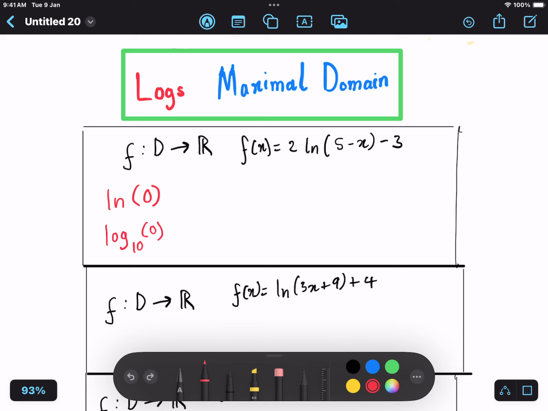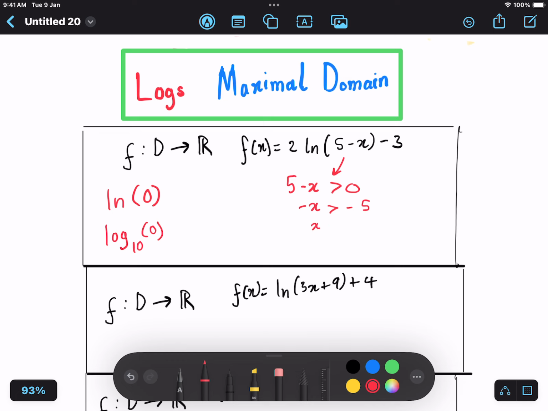So the first step to actually solving and finding the maximal domain is to make this value, so let's say 5 minus x, greater than 0. Because the value cannot be 0, so it must be greater than 0. Now we can solve for x. So minus x is greater than minus 5.